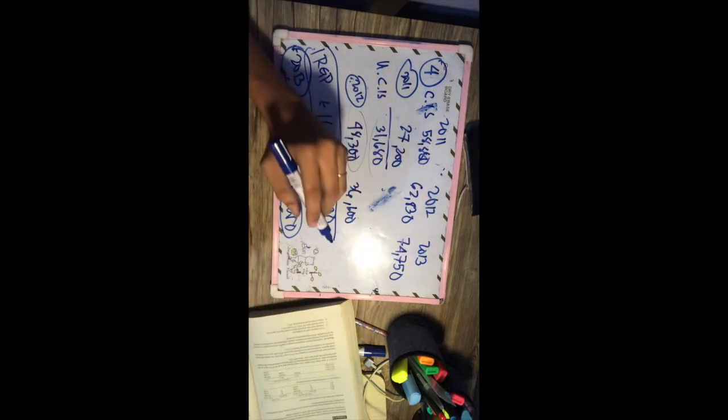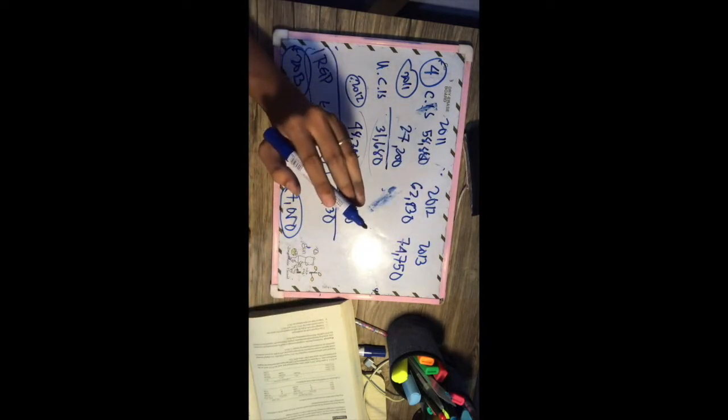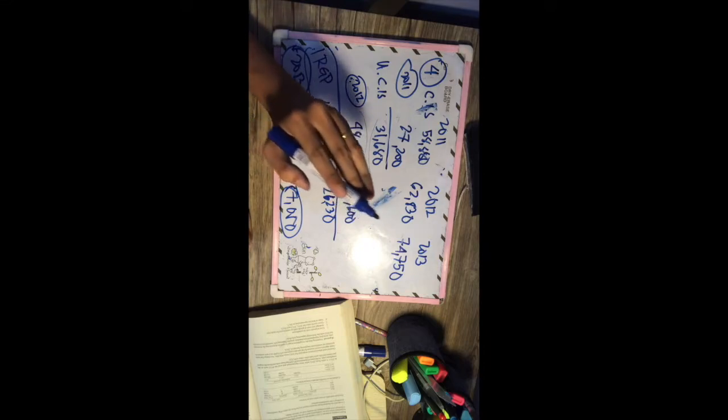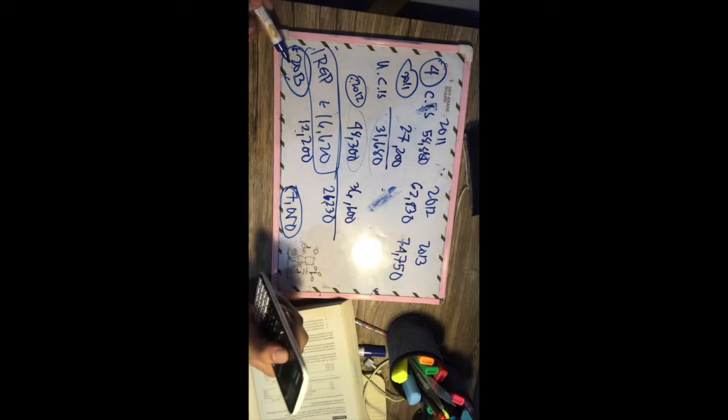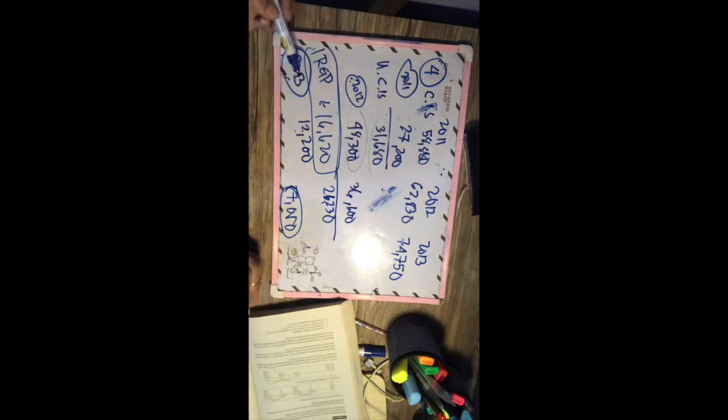Let's examine. For 2013, the total cost of installment sales is 74,750. What was collected during 2013 is only 43,450. That means the total collections were not yet enough to cover the cost of installment sales.